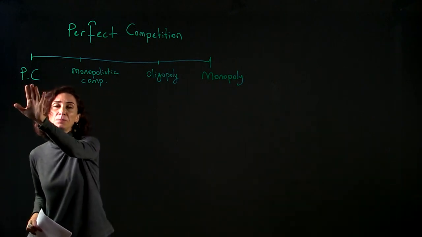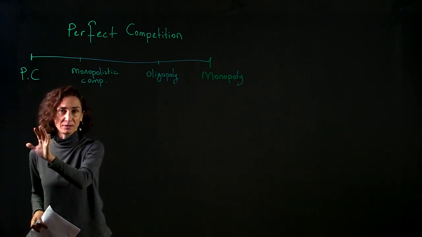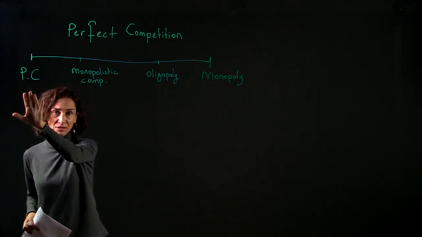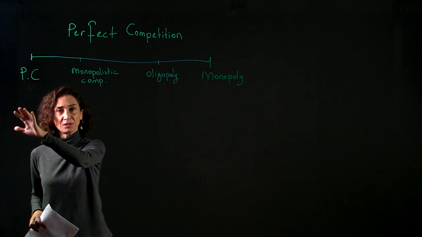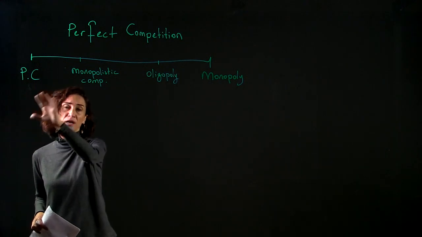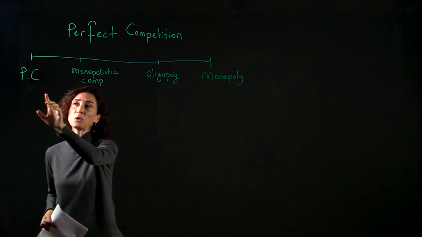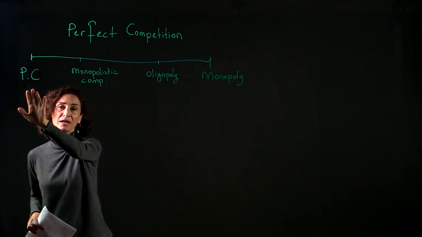But they really help us to see a simple model. And once we understand this, we can drop these unrealistic assumptions and understand other cases of market structure. That is why we are starting with this, okay?